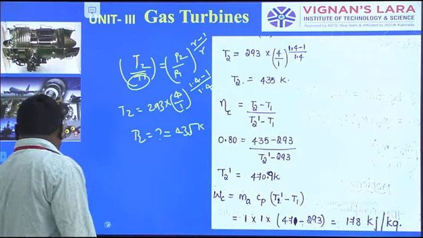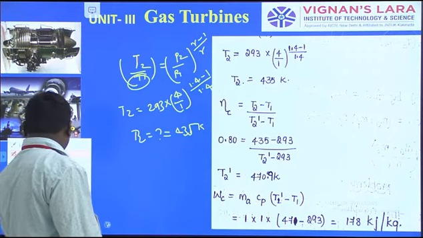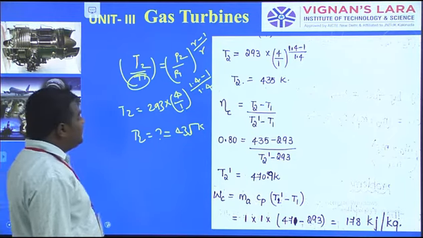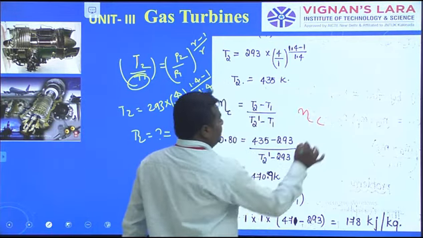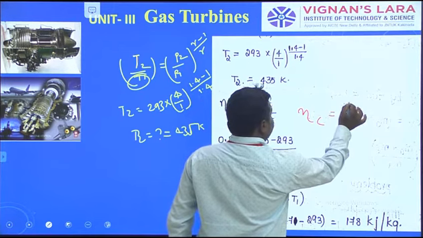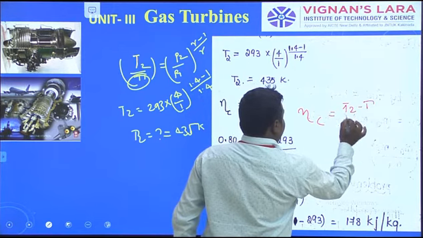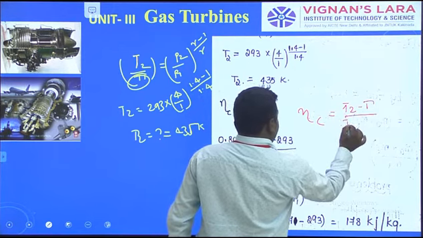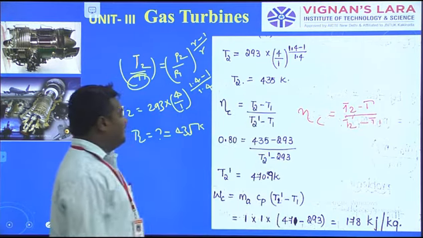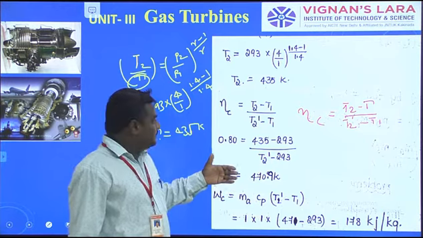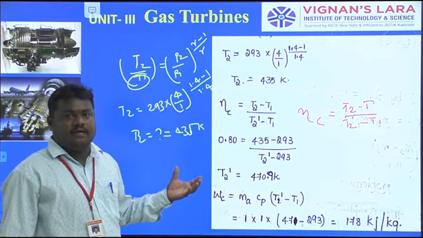Then the efficiency of the compressor. What is the formula for that? It is T2 minus T1 by T2 dash minus T1. This is the formula for the efficiency of the compressor.